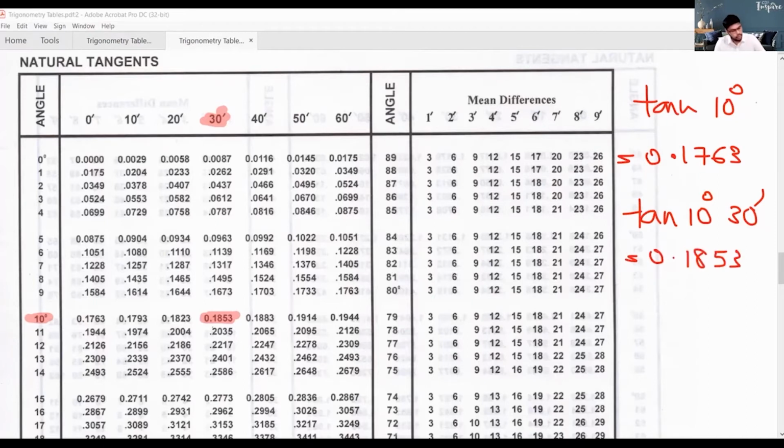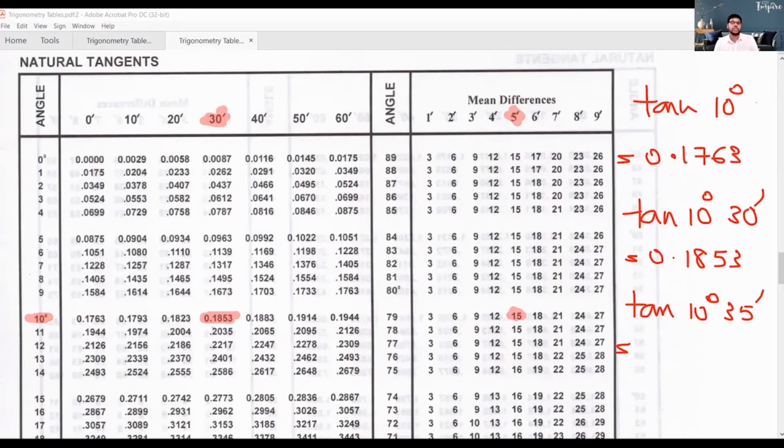But let's say you want to find tan 10 degrees and 35 minutes. Now what do you do? So you can see we have 30 and 40, we don't have 35. So you go to mean differences, right? And you find the column for 5. And you can see that my corresponding value here is 15. So that means, children, now for tan also you have to add the value.